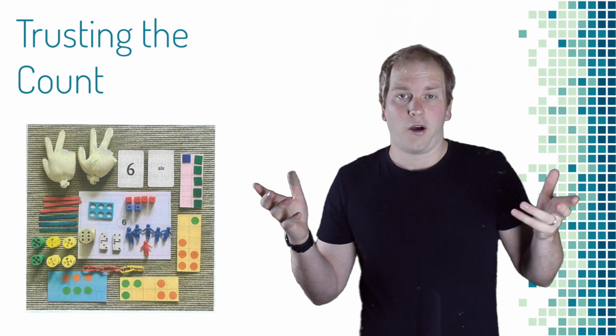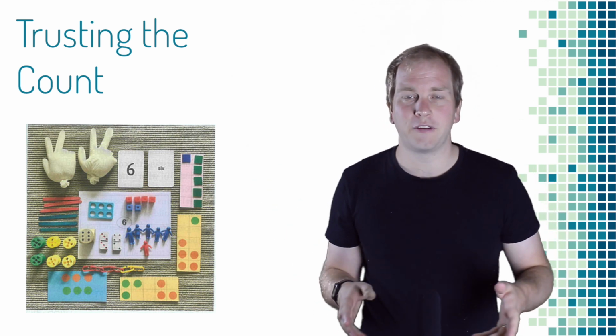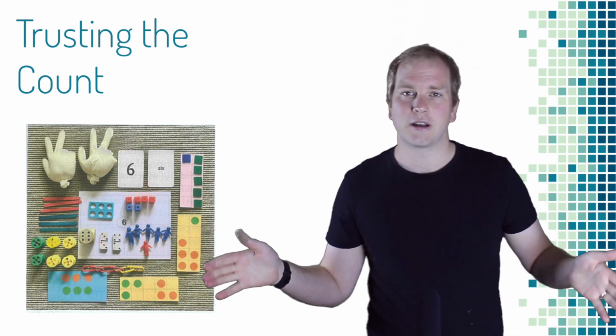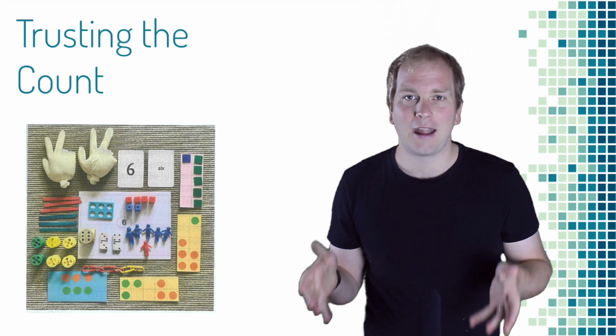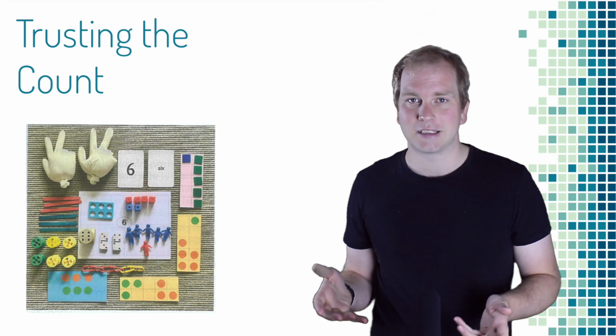So I think one thing I've noticed with teachers in particular is we get really fixated on the friends of 10 and making sure that students have all their friends of 10 down pat. And obviously that's really useful, especially when we're doing addition strategies like building to 10.